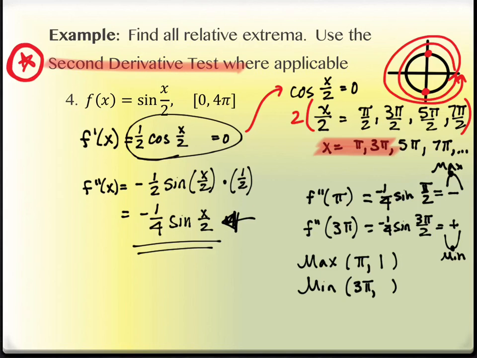And if I have sine of 3 pi over 2, I get negative 1. And it should make sense as you're looking at that and you're thinking, well, yes, if this is the value of 1, that's the maximum value on a sine graph, right? That makes sense. And a negative 1 here is a minimum value on a sine graph. So it should resonate with what you know about trig functions to begin with. Any questions on that?